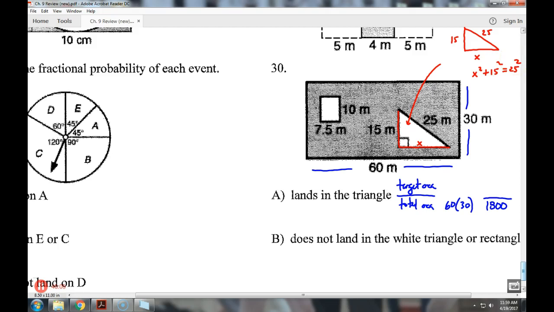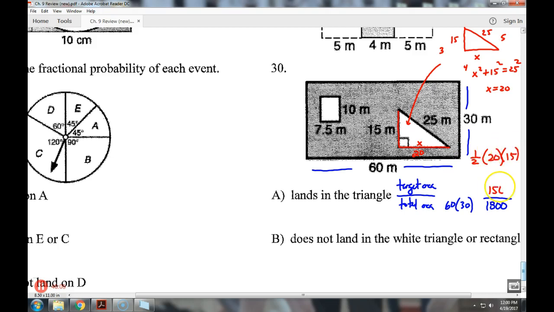I kind of see that this is the big brother of 3, 4, 5. This is like the 5th biggest brother. So I'm going to cheat and zoom ahead. I know the answer is 20. Now you could have finished out the Pythagorean theorem, but I'm going to just zoom forward. So my area of my triangle is 1/2 base times height.